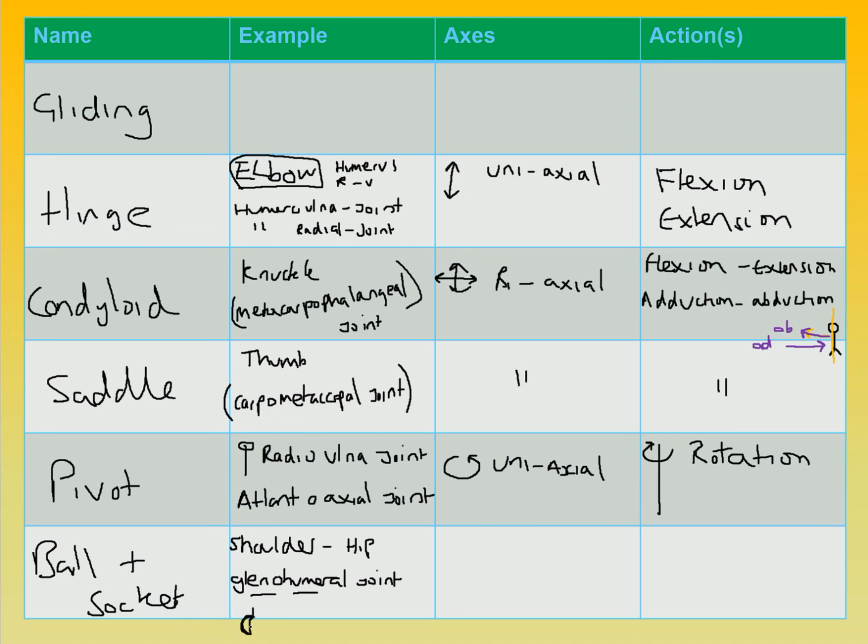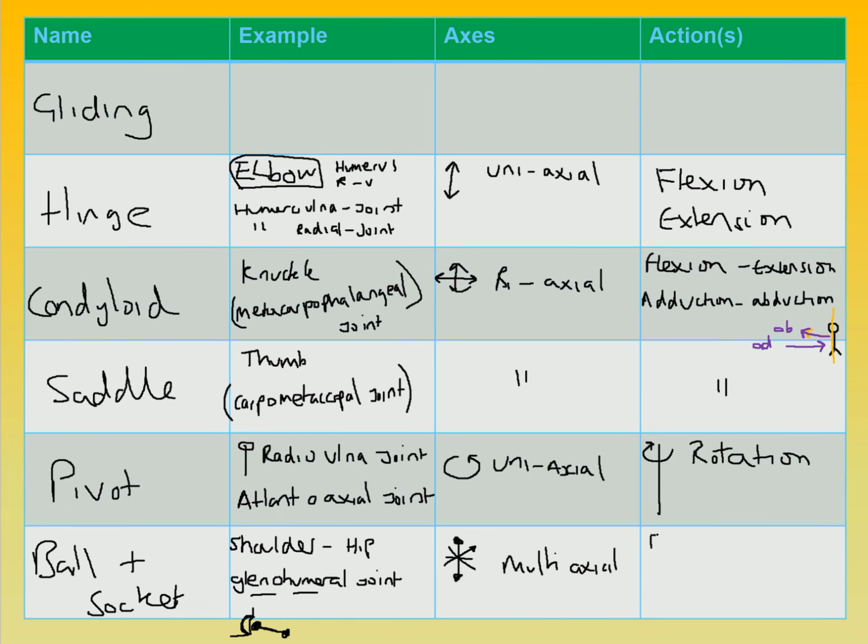That's part of your shoulder joint, and then the humerus would fit into that socket. Anyway, it's multi-axial, so it goes in all different directions. The ball and socket joints are the most freely movable joints that we have, and we call that multi-axial because it can do all the combination of those above.